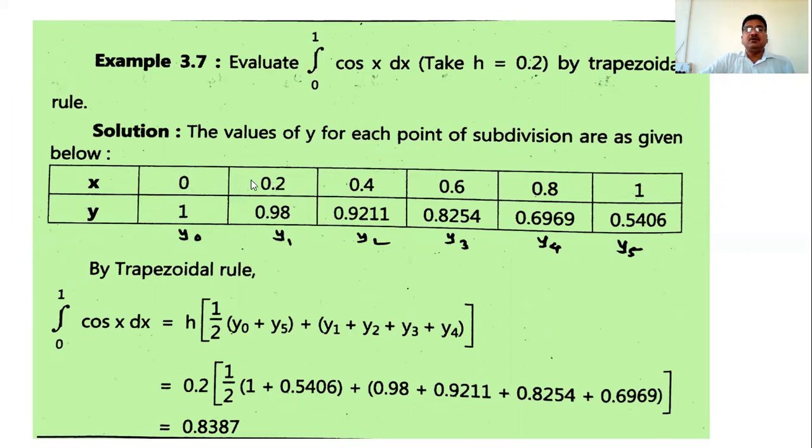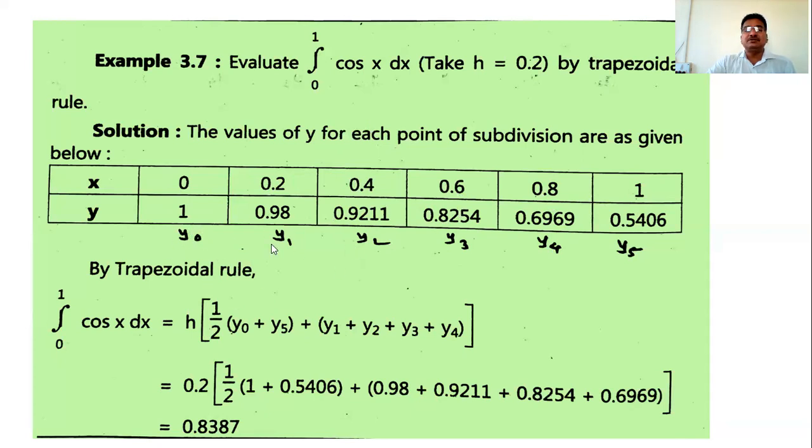Then find cos 0.2 by using a calculator, but convert the calculator to radian mode, because 0, 0.2, 0.4, 0.6, all these are angles in radians. Usually your calculator is in degree mode. So first convert the calculator into radian mode, and then find cos 0.2, cos 0.4, cos 0.6 and all these values.